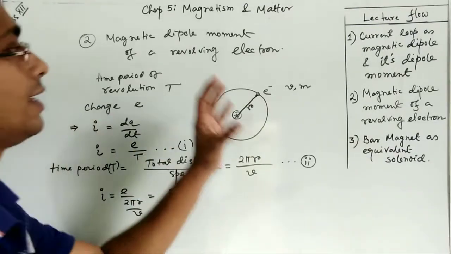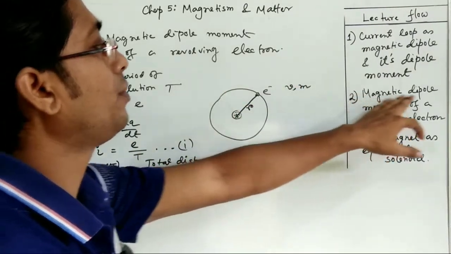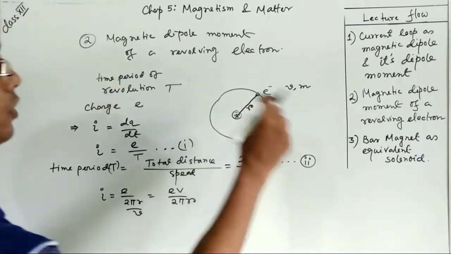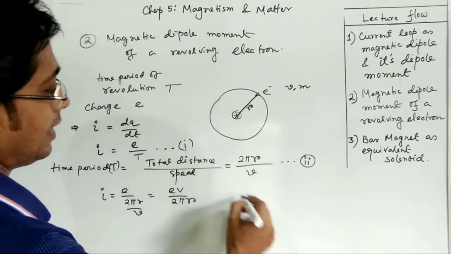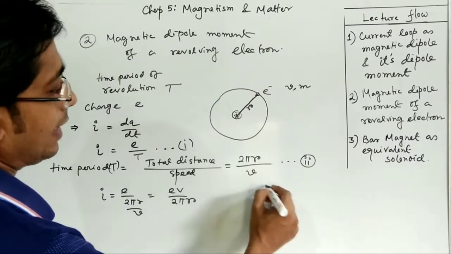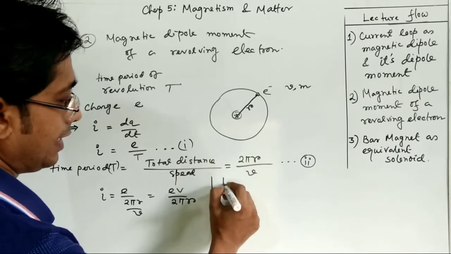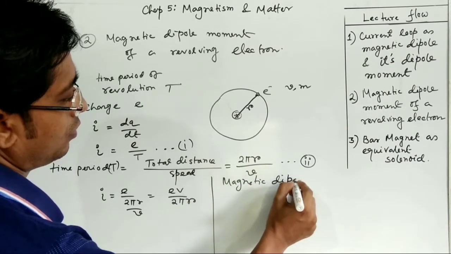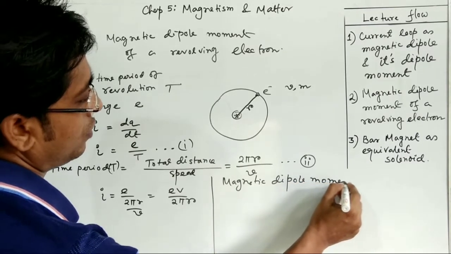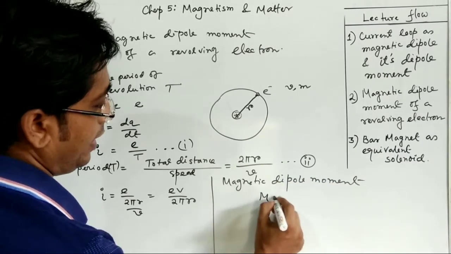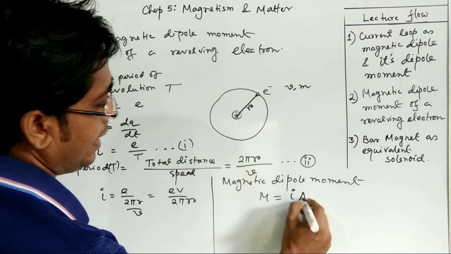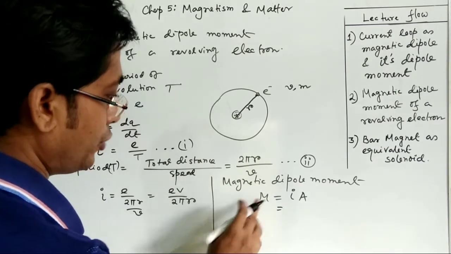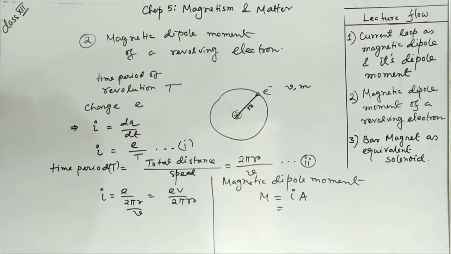And what is our final aim? Our aim is to find out the magnetic dipole moment. So we already got the formula, magnetic dipole moment formula was M is equal to IA. We have written the magnitude here only, though it is a vector quantity.